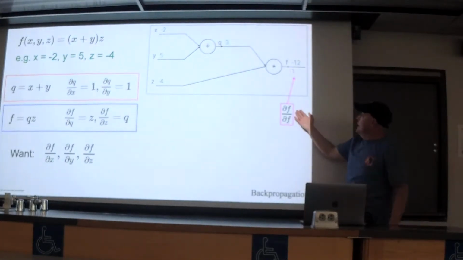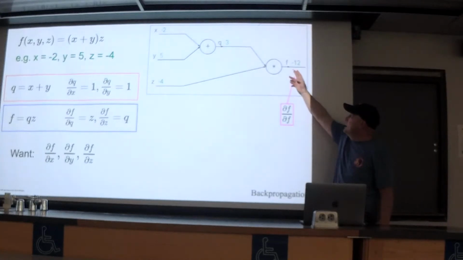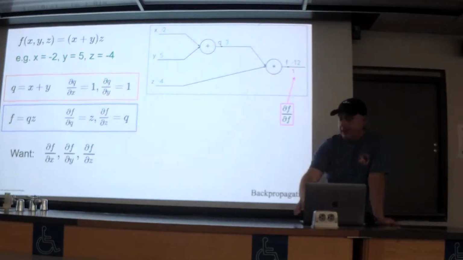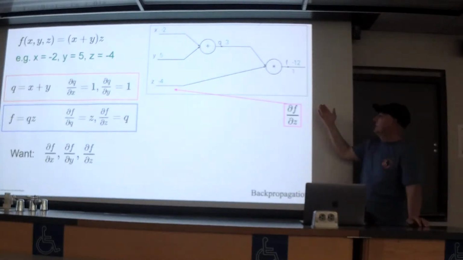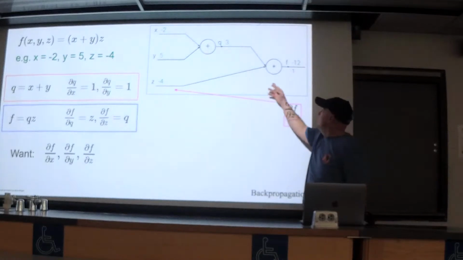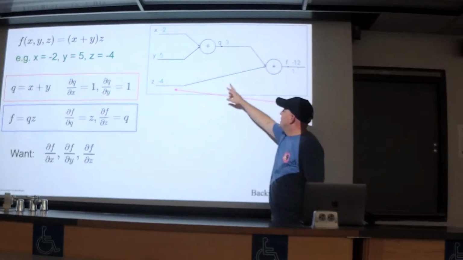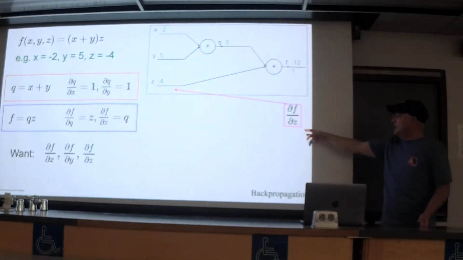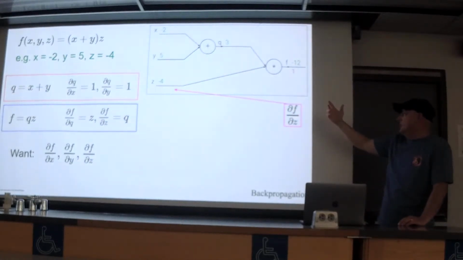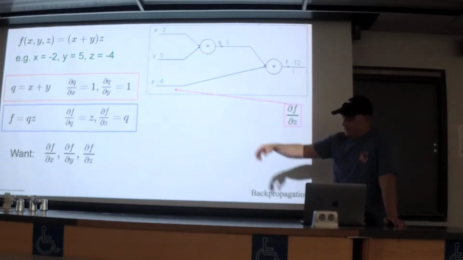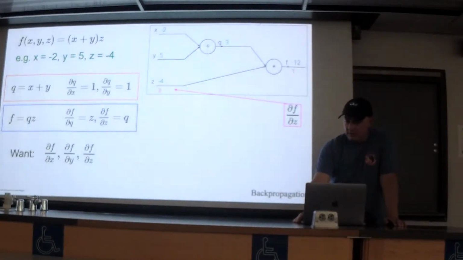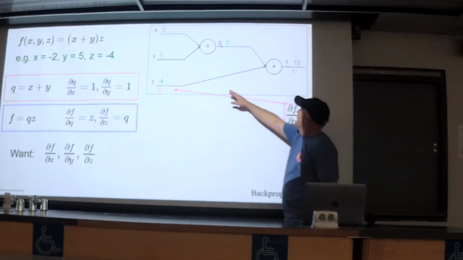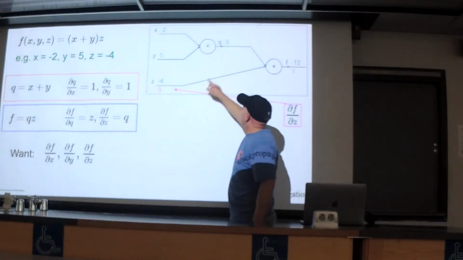So we say, I started off with a gradient here of 1. And then I start to work backwards. If I want to compute the partial derivative of f with respect to z, I look at this and I can say, well, I've already calculated that. It's q. And what is q in this particular problem?